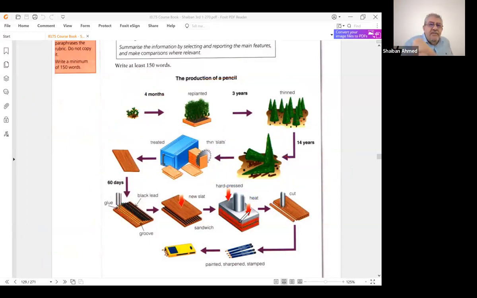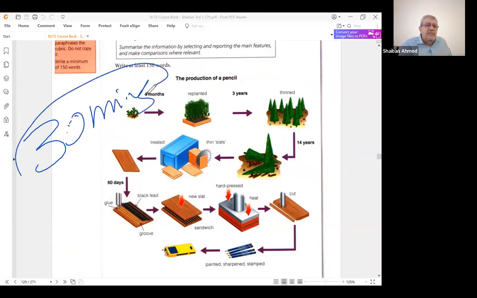Yes, today you have 30 minutes to finish this. Because tomorrow, after tomorrow, we're going to cut it down to 20 minutes.